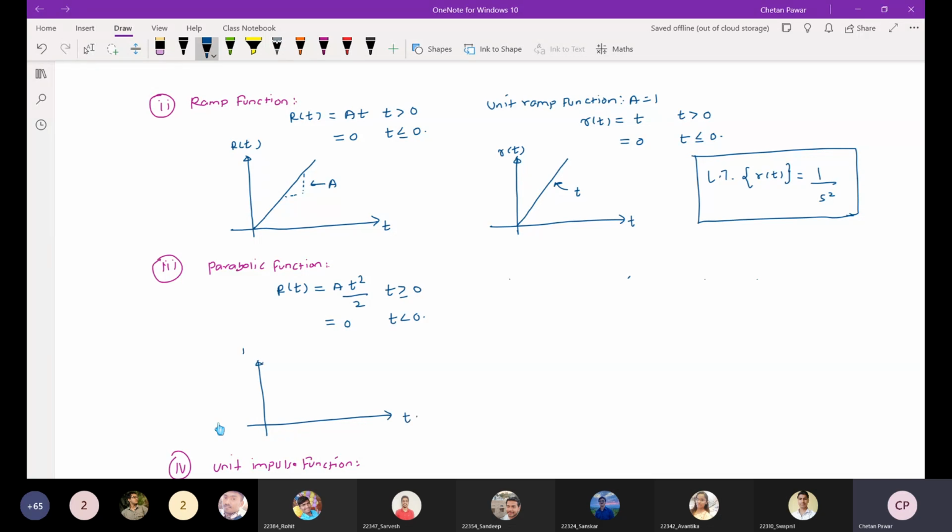Then there is the unit parabolic, right?